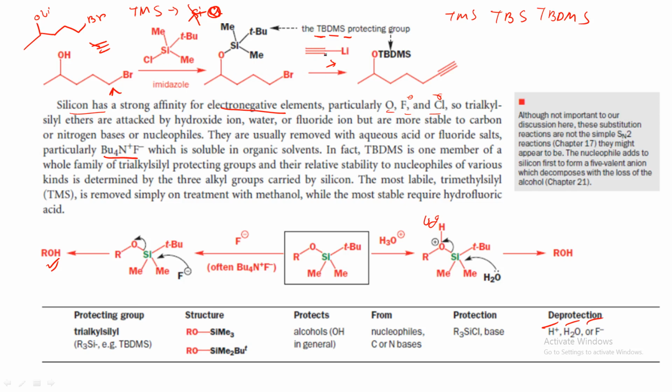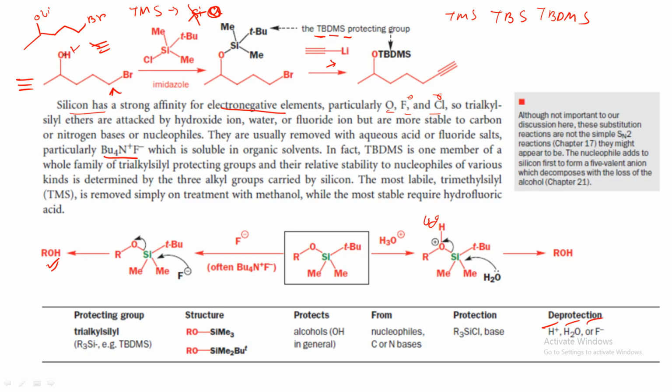Then we use this kind of lithiated species, but if we do not use a protection group, what will happen? This lithiated species would take this acidic proton first and be quenched, and it would generate this acetylene molecule. To minimize that, we protected this with this TBS protecting group.